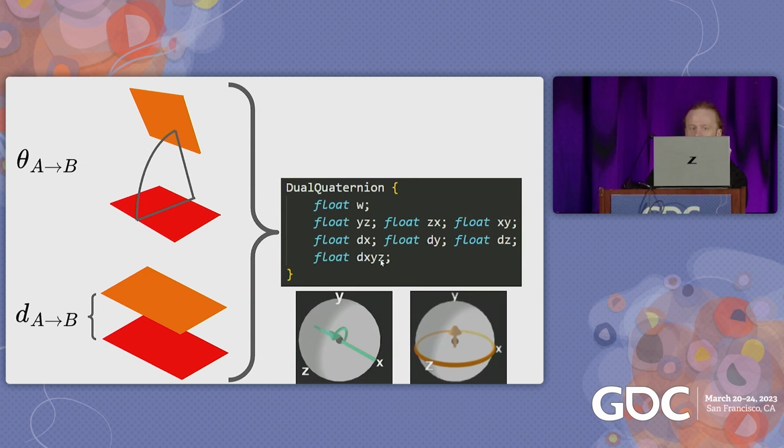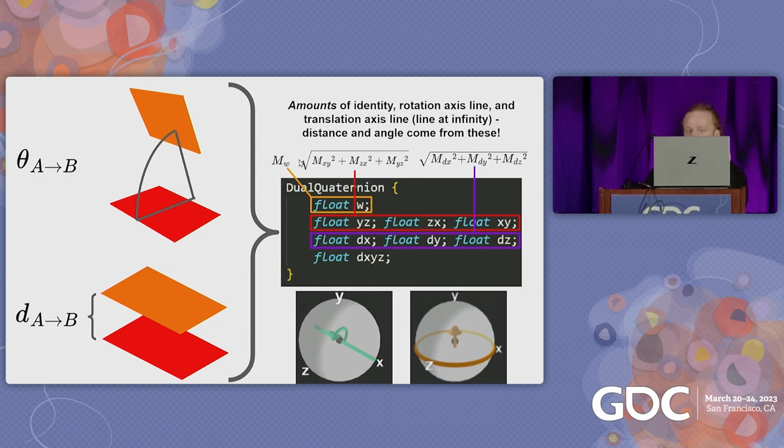We made our dual quaternion by reflecting in those 2 planes, and then we extracted our distance and our angle by taking the different amounts of identity or amount of line. We had 2 different ways of extracting something else that gave us our information that we needed to calculate our angle and our distance. But all of these came from that dual quaternion. They came from the line part of the dual quaternion.